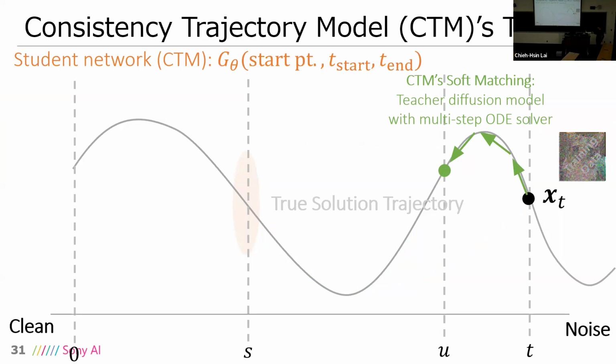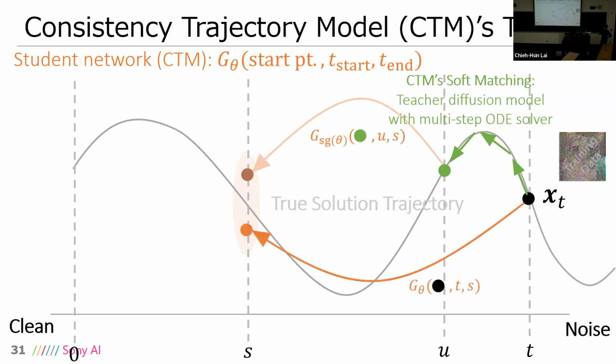So for the training target, starting from any initial time, call the solver to solve it to the random middle point u. Then we call the student model to take this condition and output the endpoint at S. This creates the training target, and it needs to match directly jumping from xt to the S point. So we impose a loss function to match these two outputs.